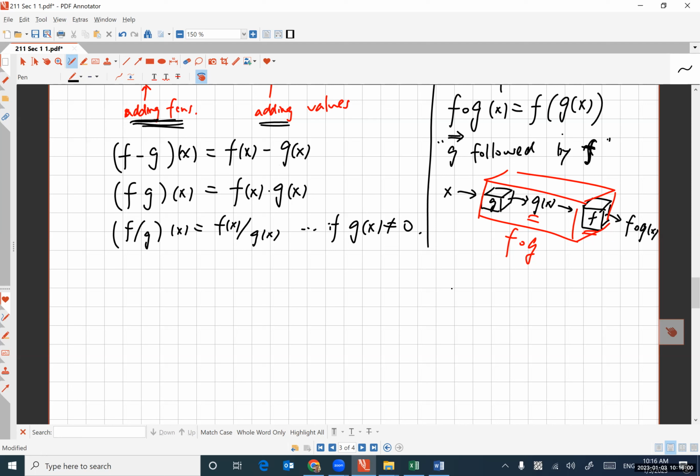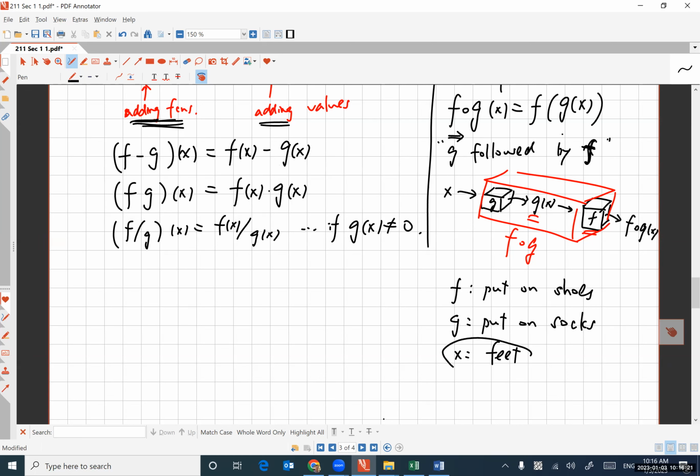All right, now let's say f means putting on your shoes. g means put on socks. And x are your feet.